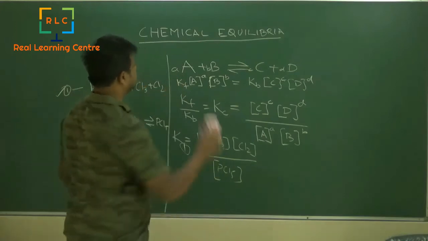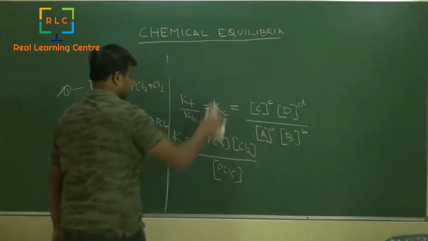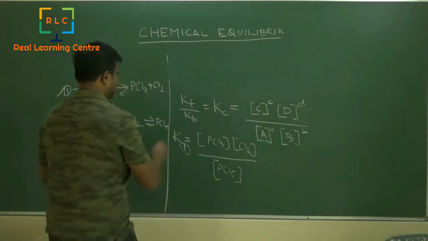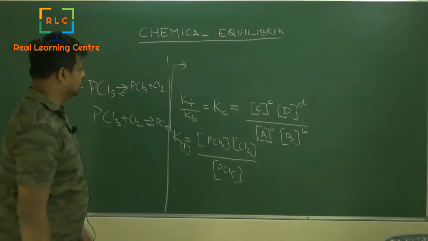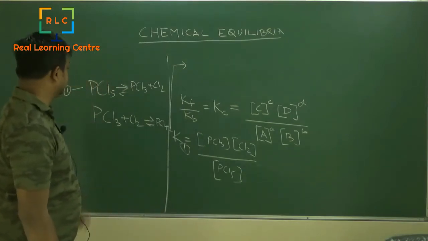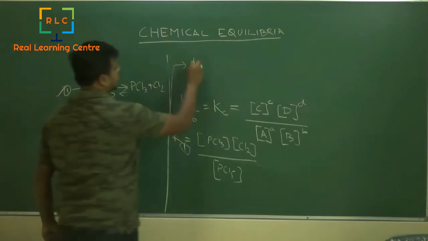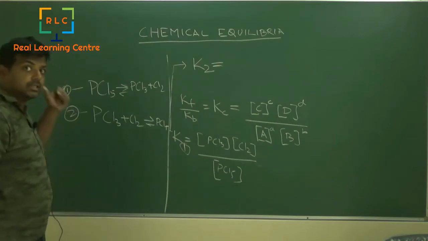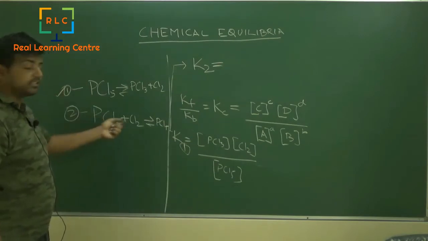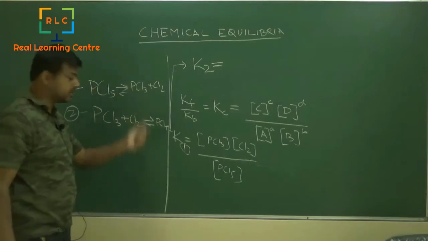Similarly, if we have to find K2, let me rub the things on top. So if you come here and write it for this reaction, which is reaction number 2, then K2 would be given by applying the same logic: products raised to the stoichiometric coefficient divided by reactants raised to the stoichiometric coefficient.